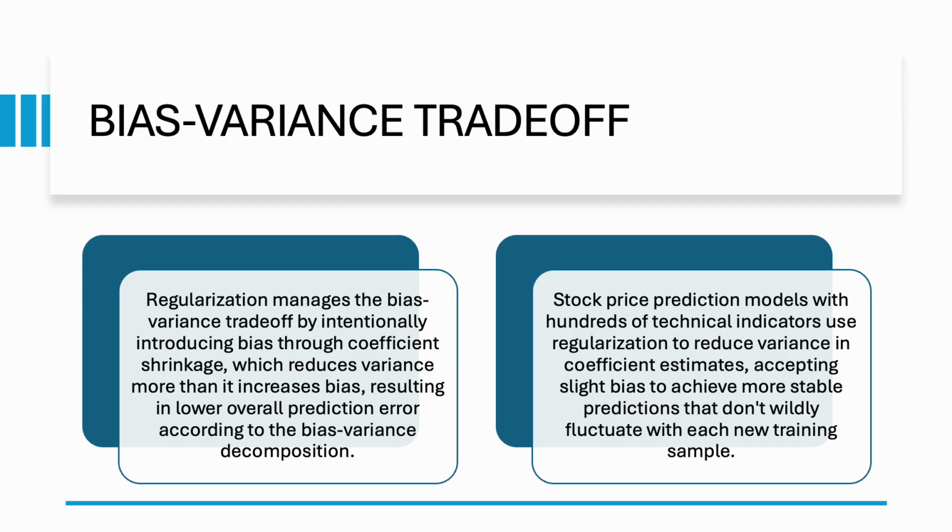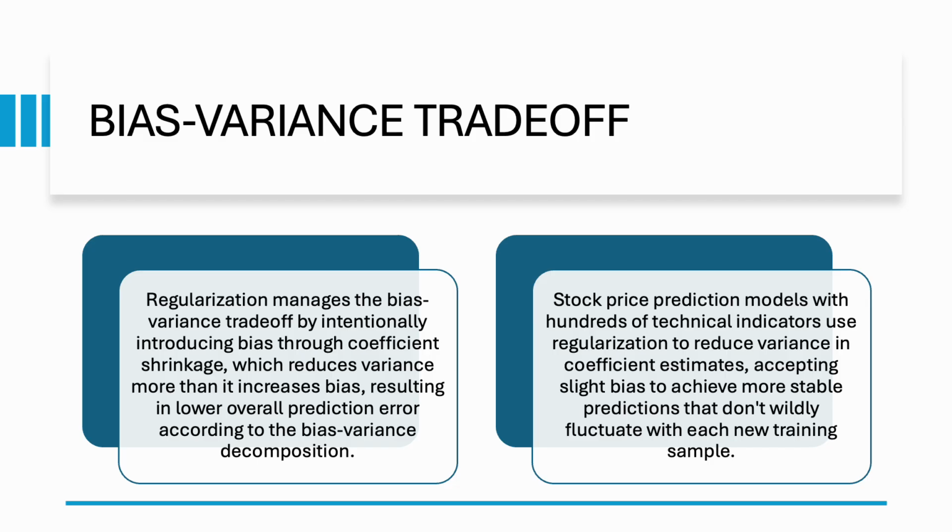Unregularized estimators in high dimensions have low bias. They are flexible enough to fit the true relationship, but have catastrophically high variance because small changes in training data cause wild coefficient swings.